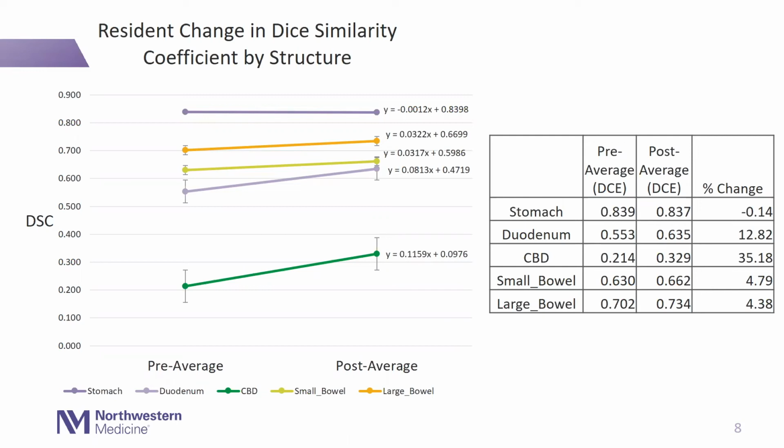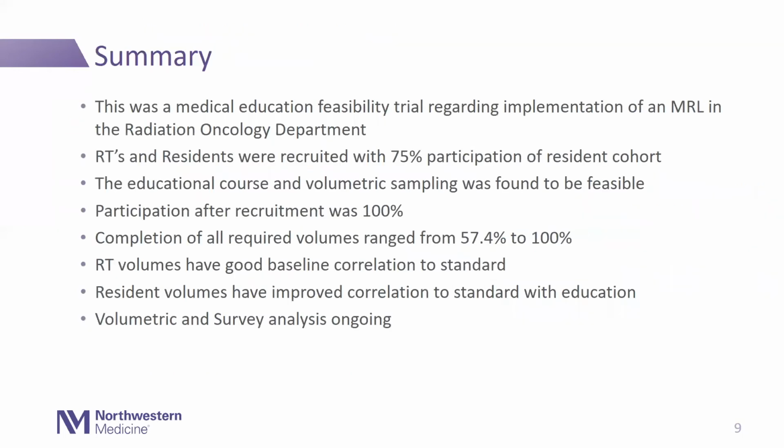And then the CBD on the bottom down there in the green had some pretty poor performance to start, but there was significant improvement in the post average. So you can see that the overall percent increase was 35.18% increase in similarity to the gold standard volumes after education, which is nice.